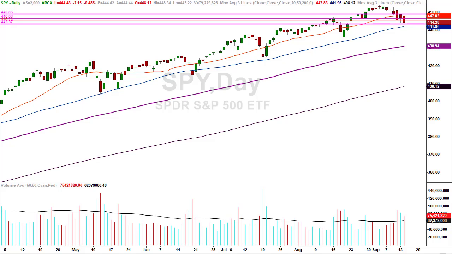But wait, there's more. I've got one other thing to add to this equation. Just for a moment, let's focus in on this area here. The market spent a lot of time eating off the clock in this zone before breaking out.